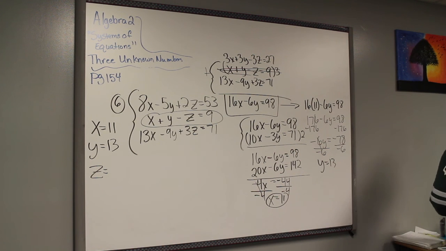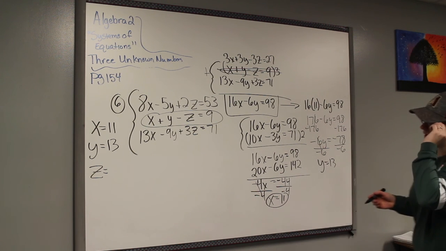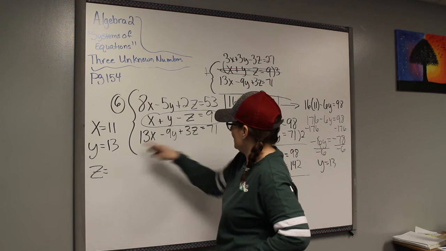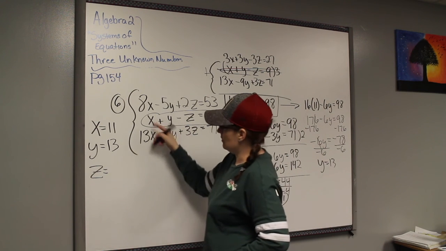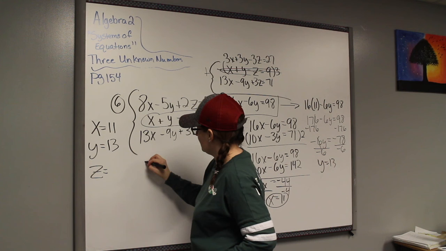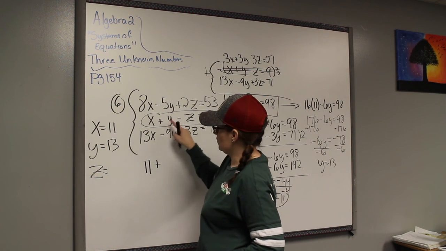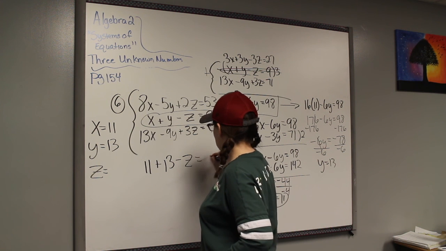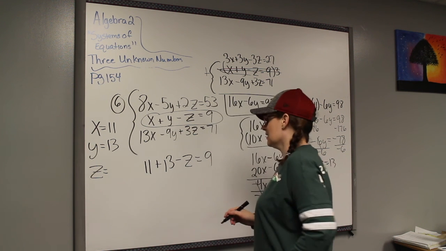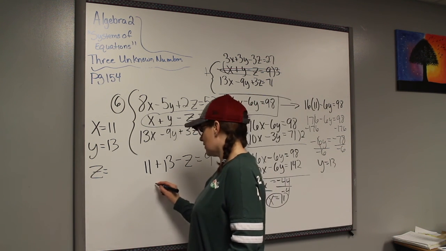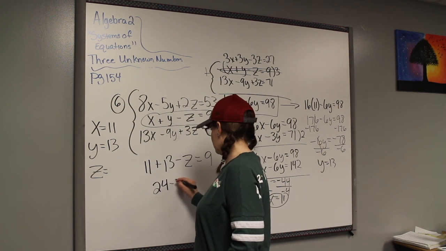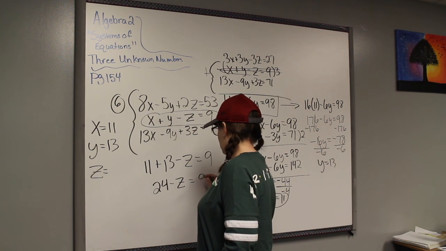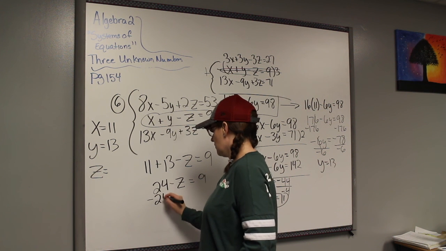Alright, so I'm going to take this one and I'm going to plug in x and y and solve for z. So x, that would be an 11, plus y, which would be 13, minus z equals 9. Well, 11 plus 13 should be 24. That's a positive 24, so to move it, I subtract it.